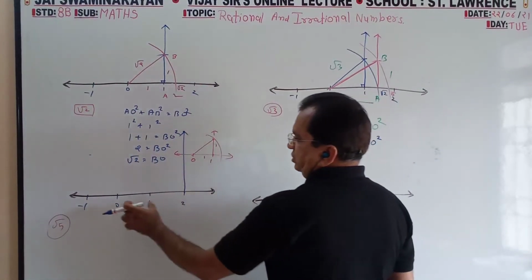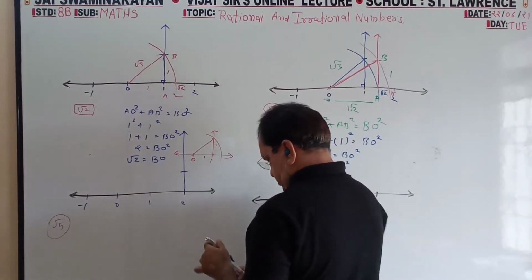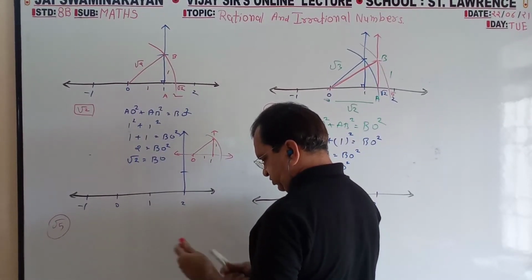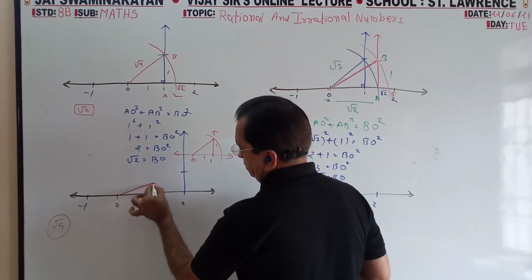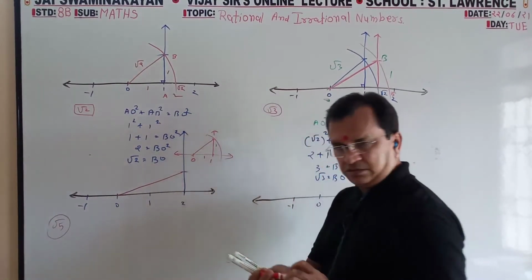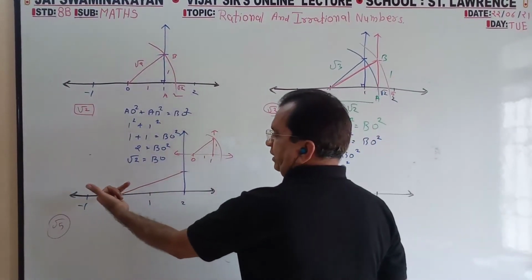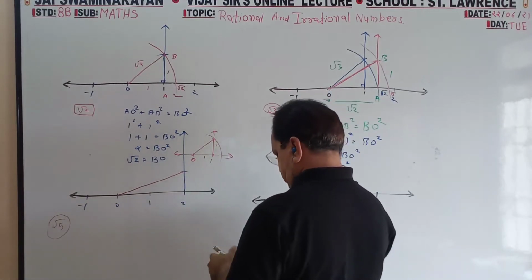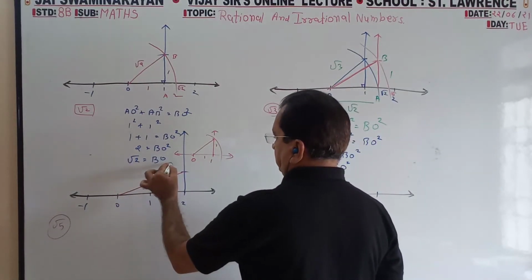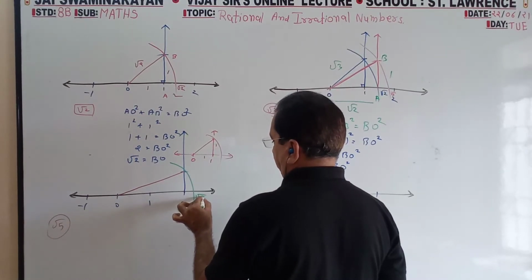Then 3 centimeters, again 3 centimeters, small one. Now join this. Take a compass, metal point here, pencil point here, like this. Cut. So this is root 5.